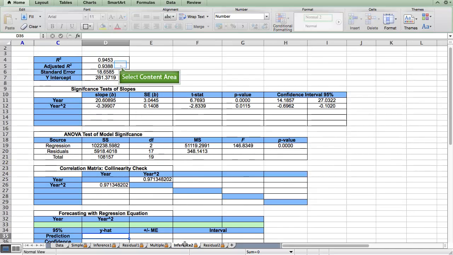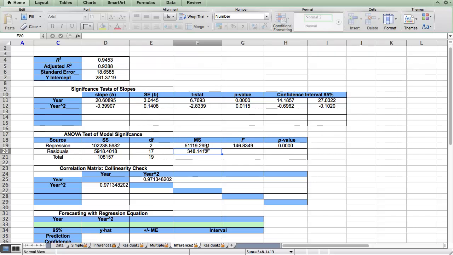we can see that both our R-squared and our adjusted R-squared, as we would expect, are increased a little bit compared with the results from our simple regression. Perhaps more importantly, we could also see that our MSE is reduced.